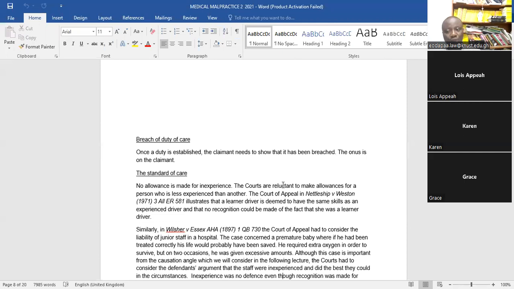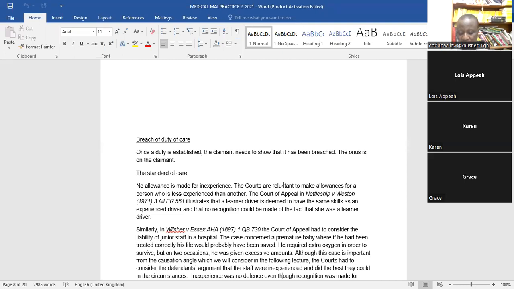Now, to start with, establishing breach of duty of care is a duty of the patient. It's a duty of the patient, because we know that according to our law of evidence, he who asserts must what?